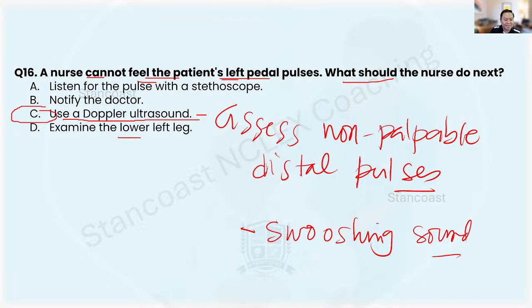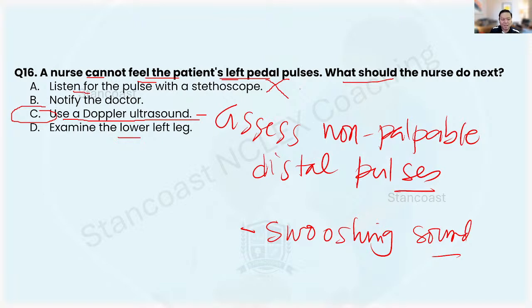After you had gained some more information, after you had investigated further. You're also going to do letter D, examine the lower left leg. And letter A, well, the use of a stethoscope in assessing the pedal pulse would not be appropriate. Not happening, because the stethoscope will not be able to capture faint pulsations.